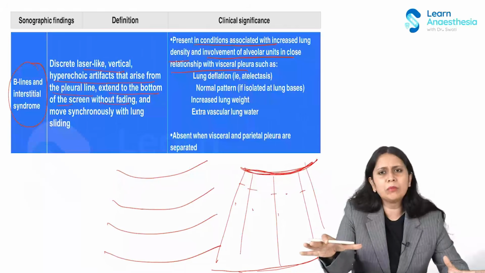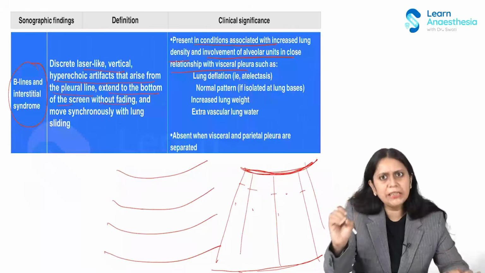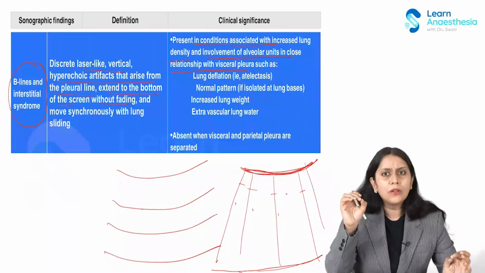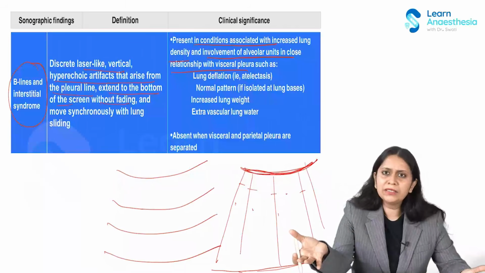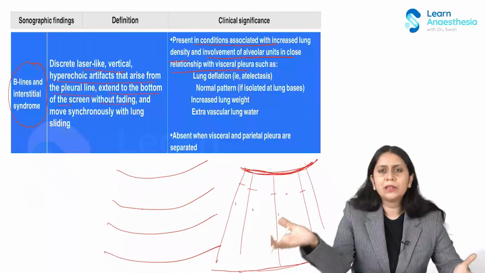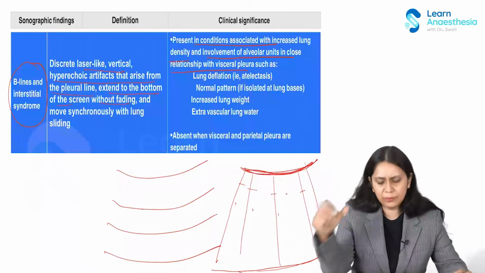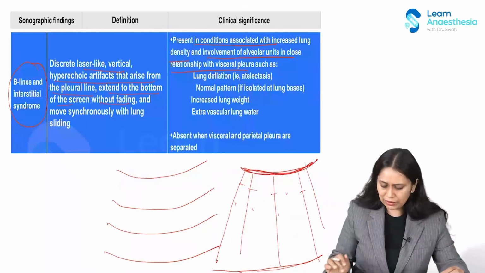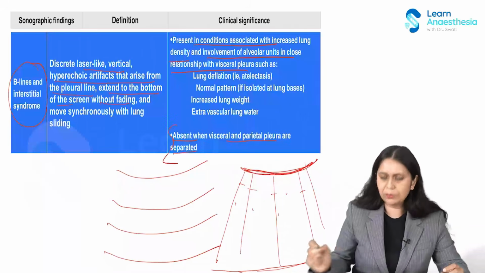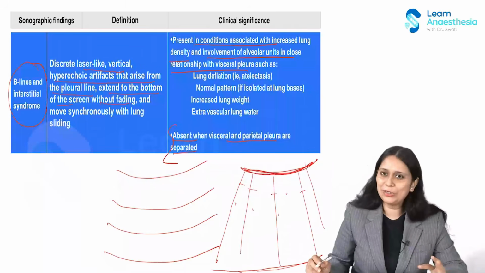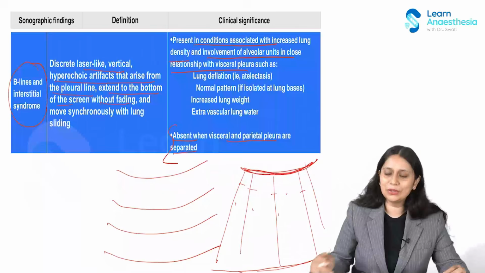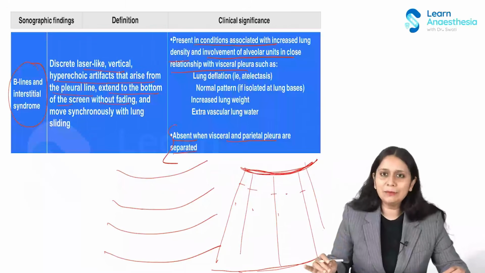So simply remember, in pulmonary edema and in consolidation, these B lines will appear, and the greater the decrease in aeration, the more B lines; the lesser the effect, the fewer B lines. This will be absent when the visceral and parietal pleura are separated, so it will not be there in pneumothorax, because it moves along with the pleural line.